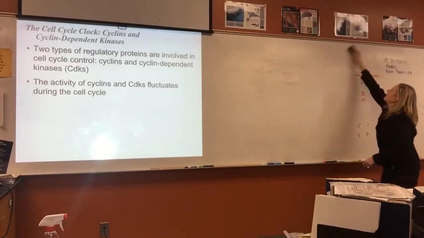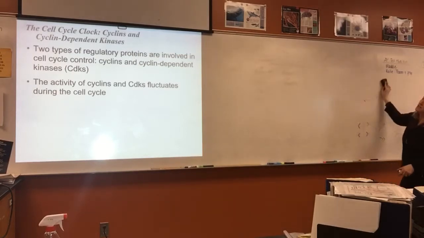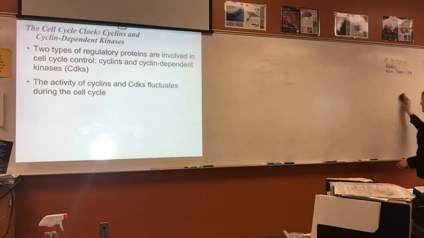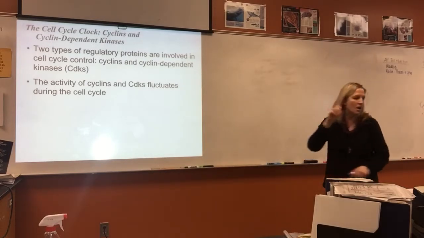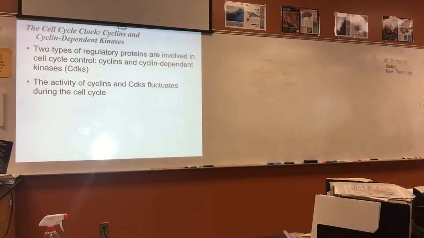So we are starting to look at two separate molecules that are involved in controlling cell division or controlling the cell cycle. Those two molecules are cyclins and cyclin-dependent kinases. I believe we reviewed what a kinase is, right?